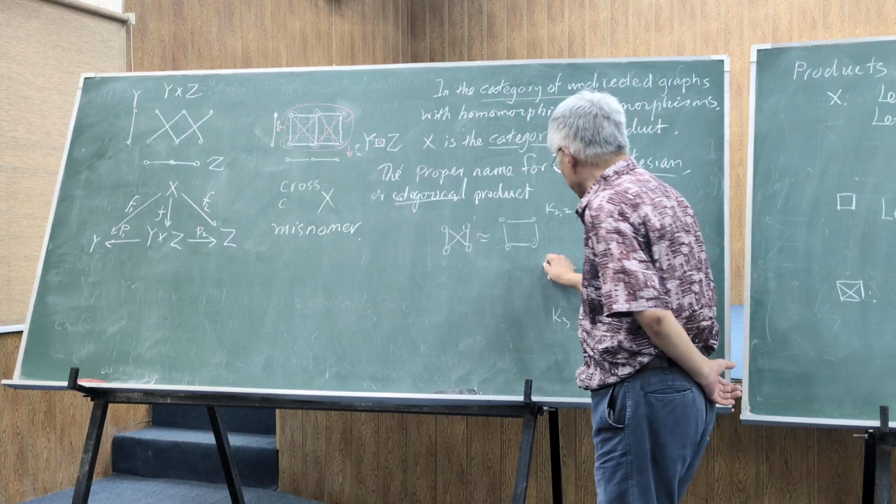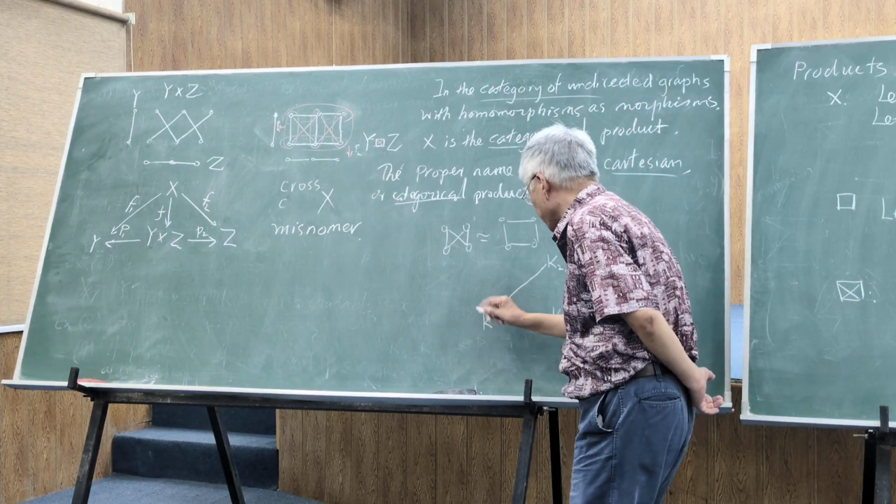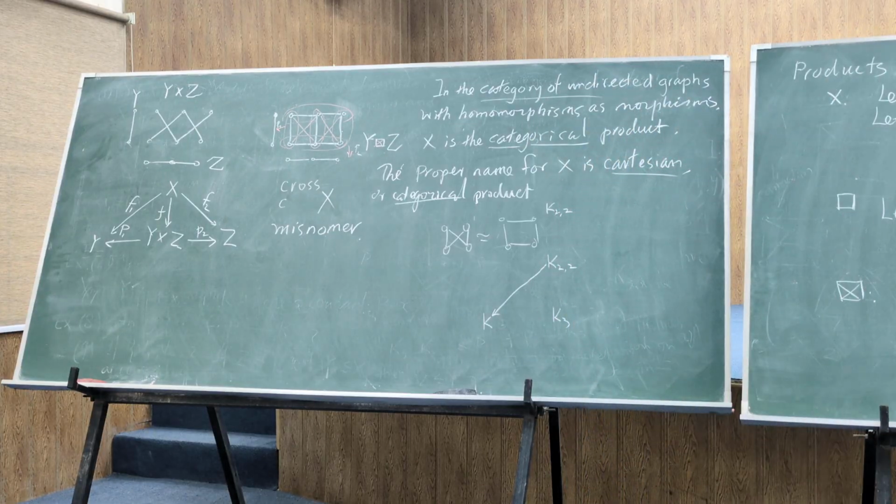And then if you contract, you have K2, K2, K3.